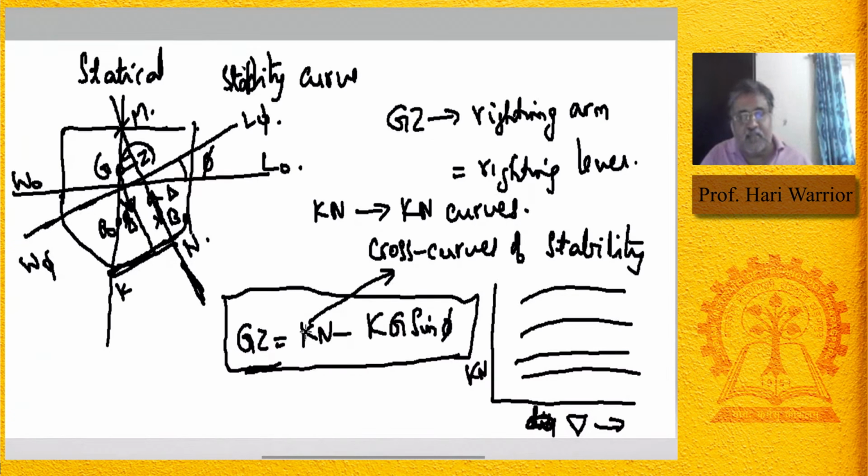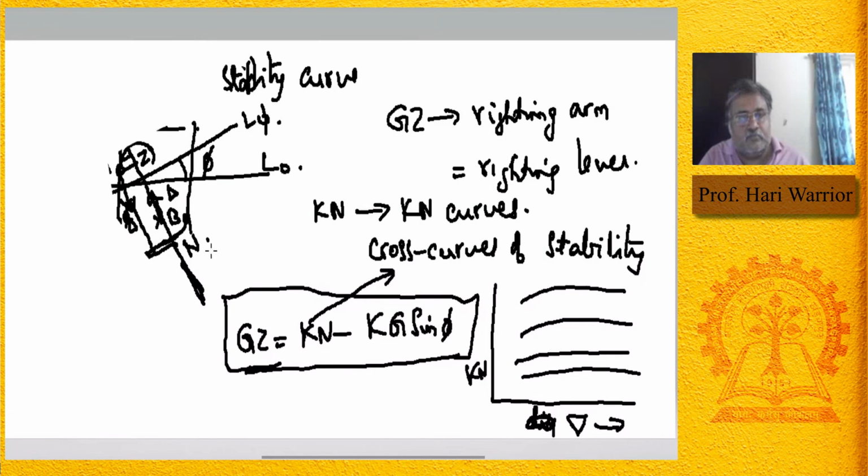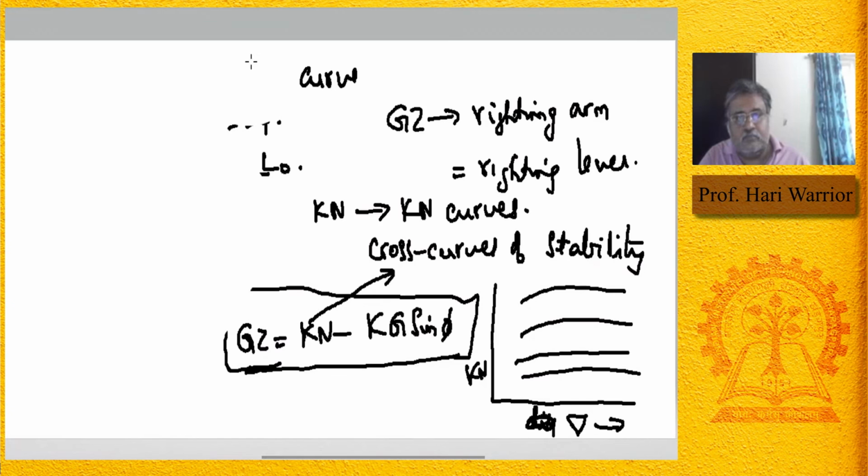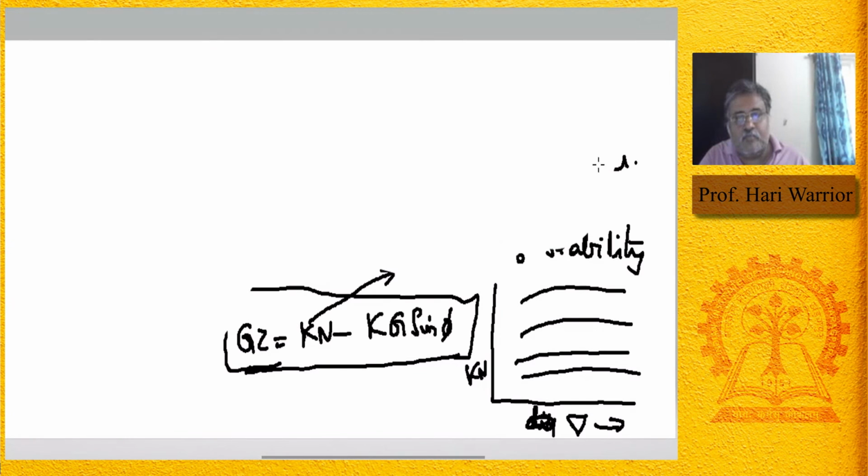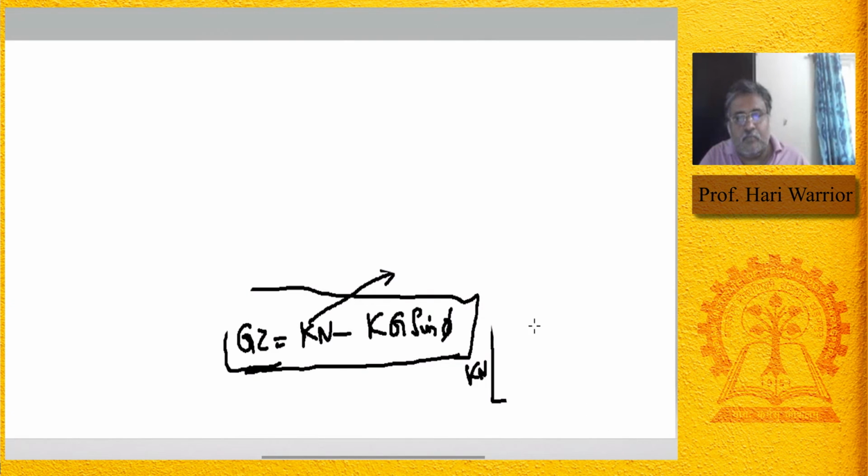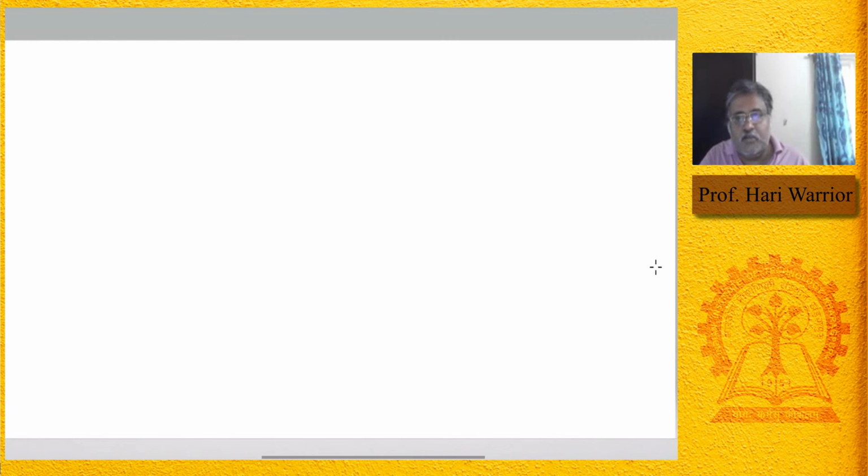As the heeling increases, the GZ changes, increases or decreases, whatever happens, it changes. The change is plotted in a curve known as the GZ curve.